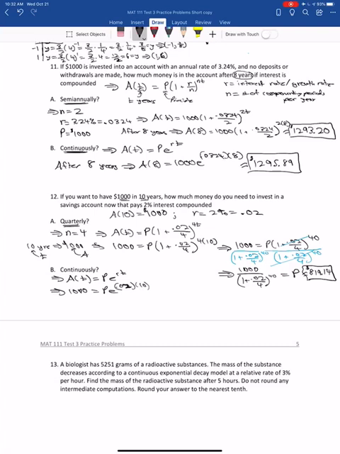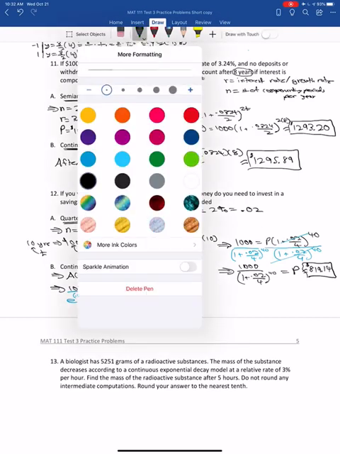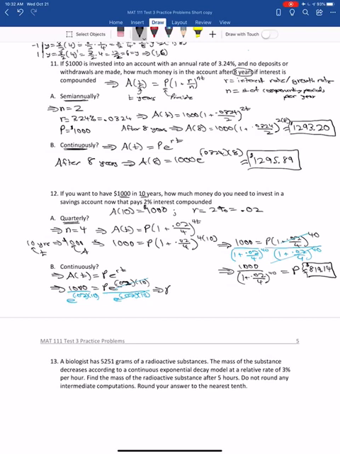And as we solve that, we're going to divide out that coefficient on both sides. So let's divide out e to the 0.02 times 10 on both sides of the equation. And then we get what we're looking for. So we've got P equal to 1,000 divided by e to the 0.02 times 10.